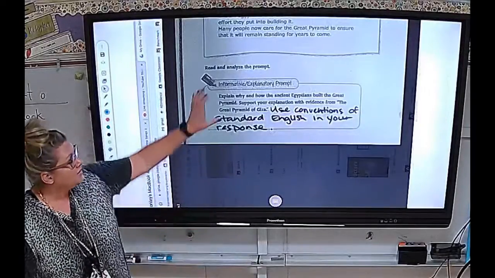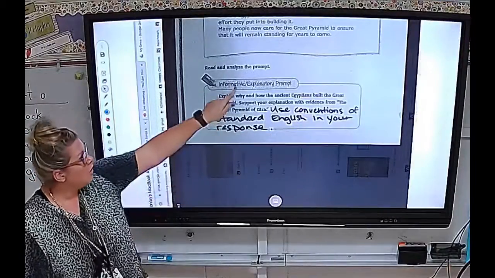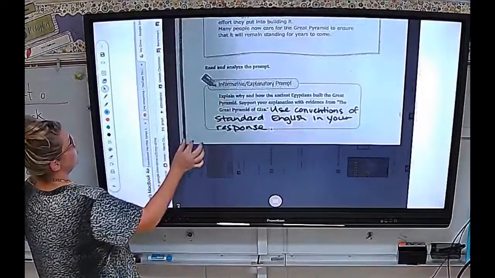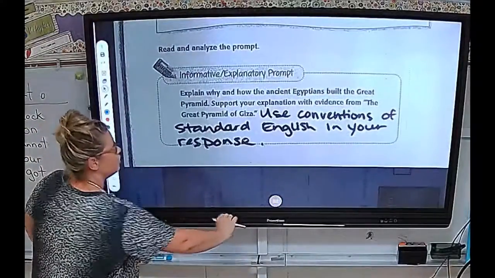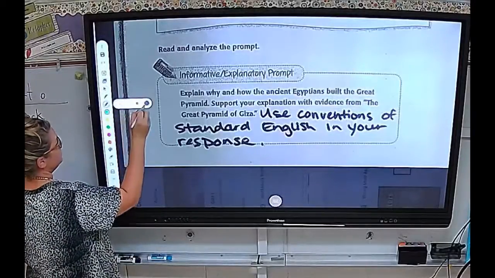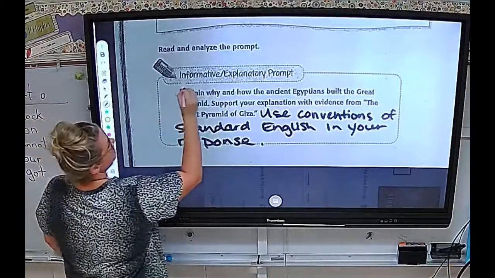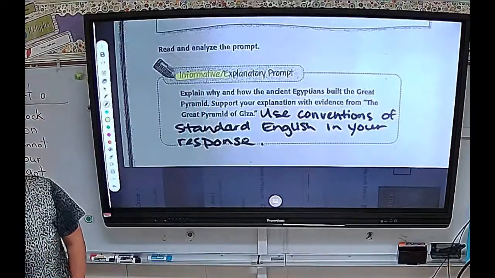All right, let's go back and let's sort of analyze and look at this prompt. We already know that this is what kind of a prompt? Informational. So you can take your highlighter and you can highlight informational. That's a clue.